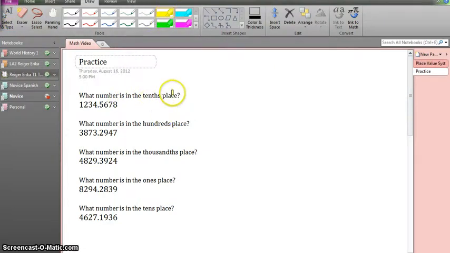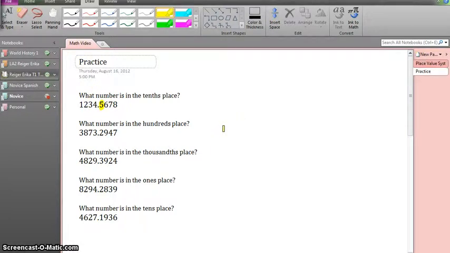What number is in the tenths place of the number below? Okay, in the tenths place is the number 5. This is because when you count to the right of the decimal, you count one place value, which ends up on the 5.